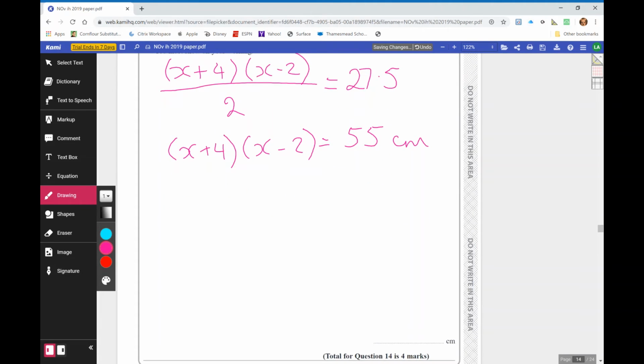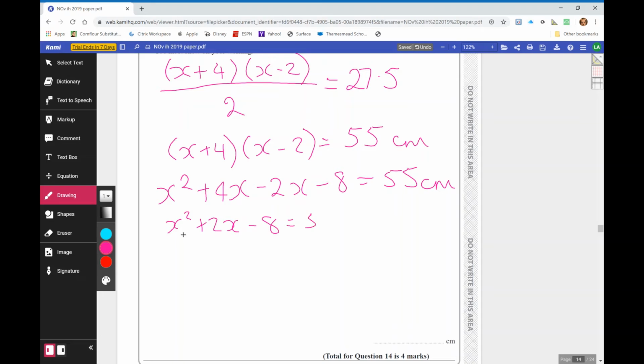And then we can expand this out, and what we'll end up with is a quadratic. Quite often you get this because you're timesing x by x, so you get that quadratic. And just to simplify that, x squared plus 2x minus 8 equals 55.